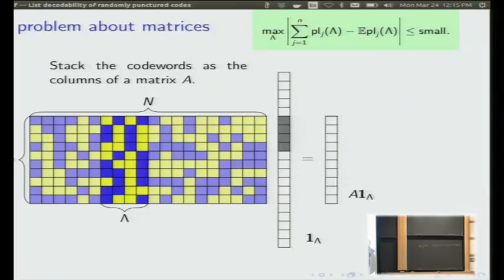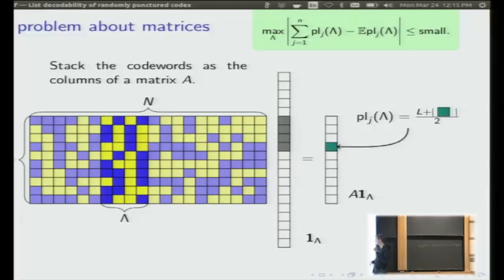Then I'm going to treat these as plus minus 1s. And then I ask, what happens when I multiply this matrix by the indicator vector for a set lambda? So I get a vector, and what is that vector? It's not hard to see that what you get here is the number of plus 1s minus the number of minus 1s in lambda, which has some relation to the plurality. Yeah, it's the majority.